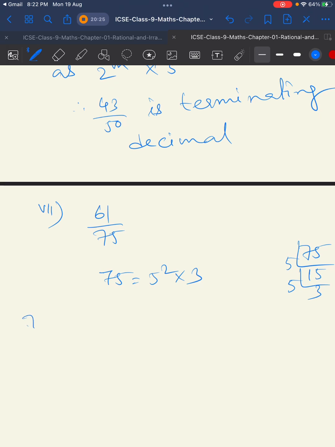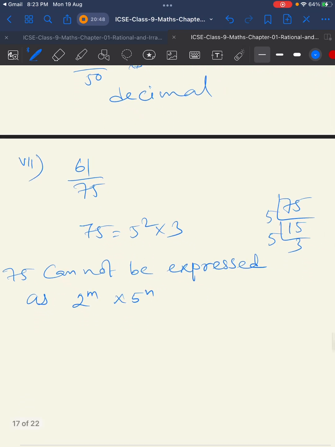So 75 cannot be expressed as 2 to the power m into 5 to the power n. Okay, so 61 by 75 is not a terminating decimal.